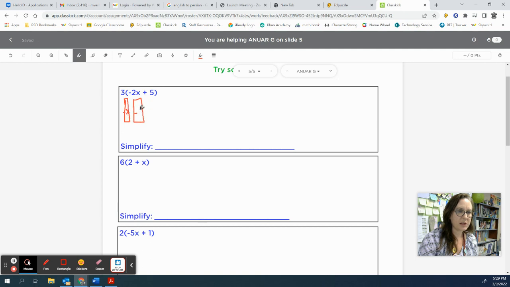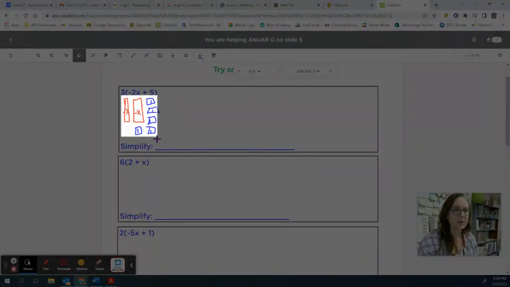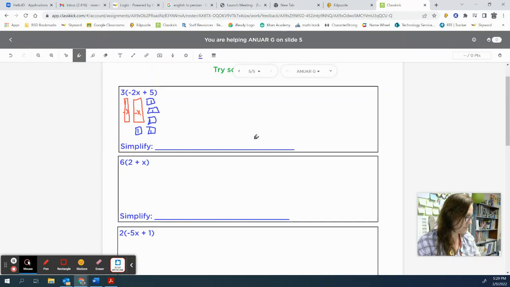Oh, those are really awful negative x's, but that's okay. And we've got 5 little bitty ones. All right, so that's our grouping. Negative 2x plus 5 is our grouping. And we have how many of those? 3.